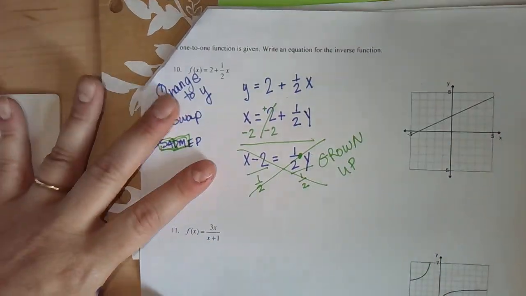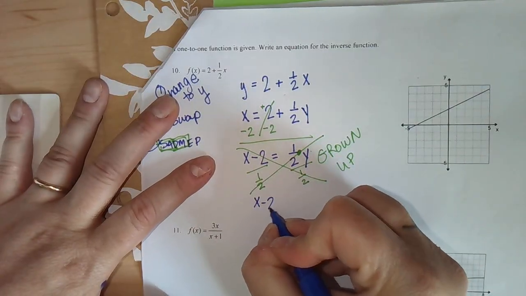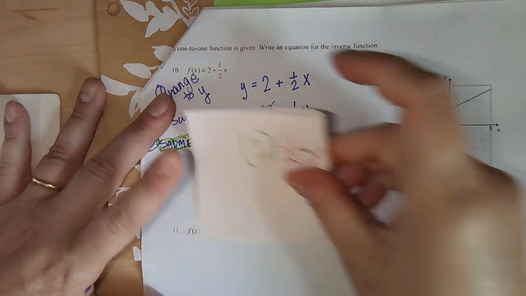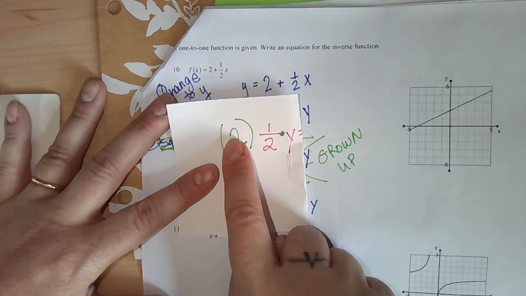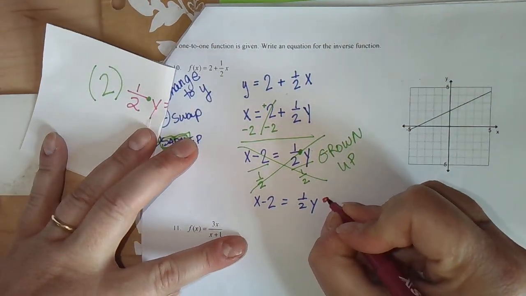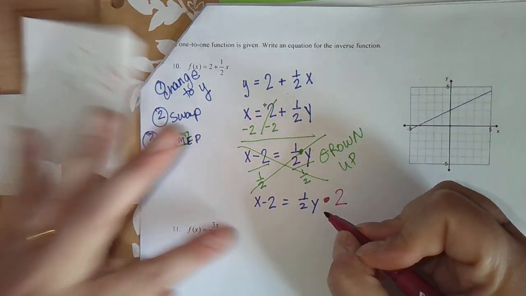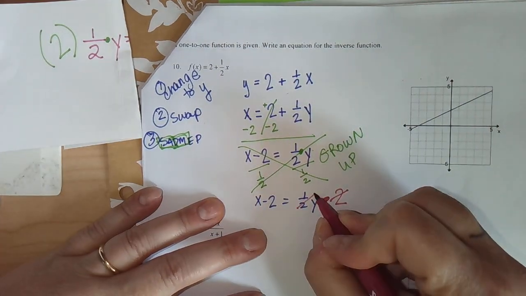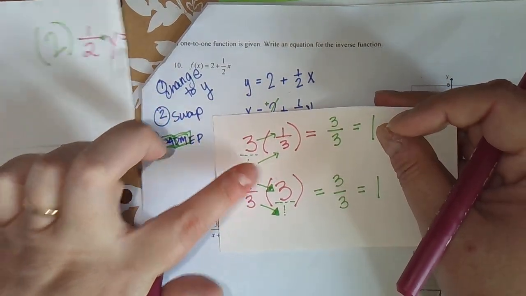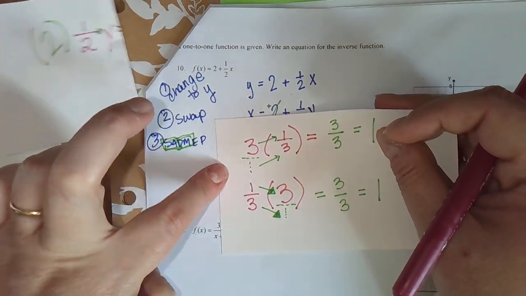So let's see what's going to happen. We have x minus 2 equals 1/2 y. And we said to get rid of that 2 in the bottom, you can multiply by a big fat 2. Multiply by big fat 2. And heck fire, that 2 and that 1/2 cancel, kind of like they did 5 minutes ago with this fraction rule.